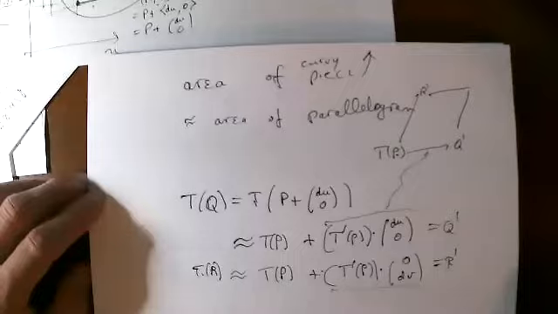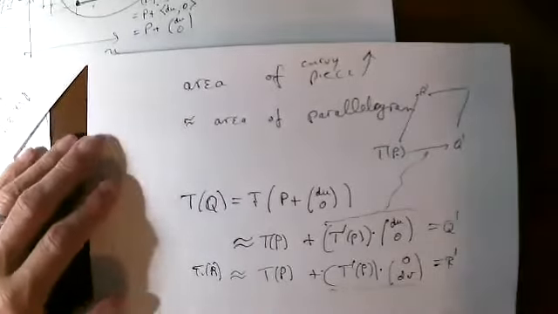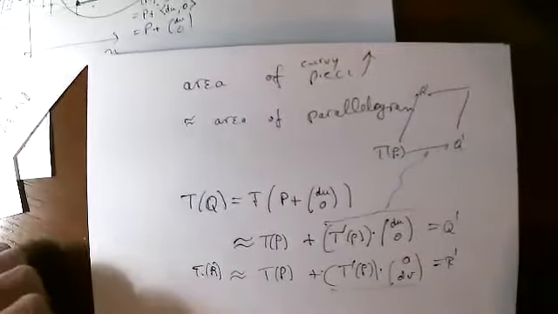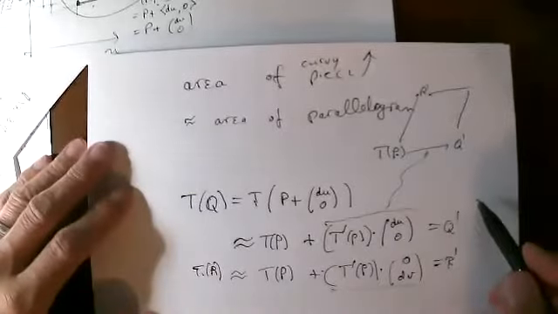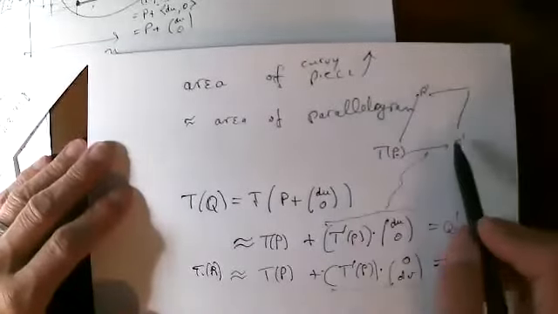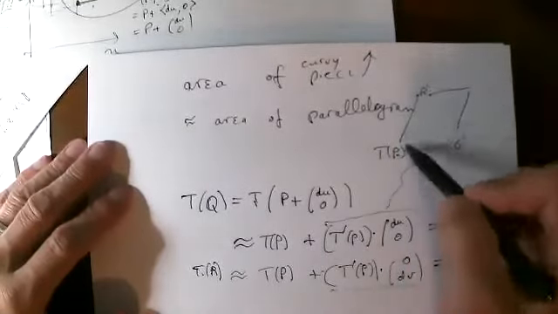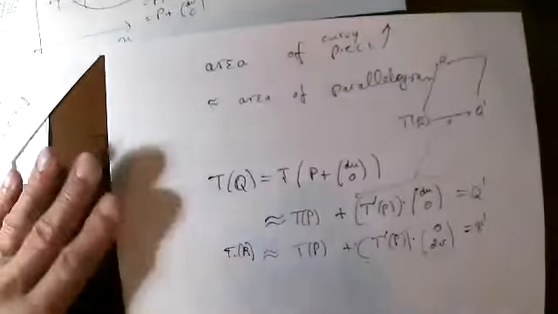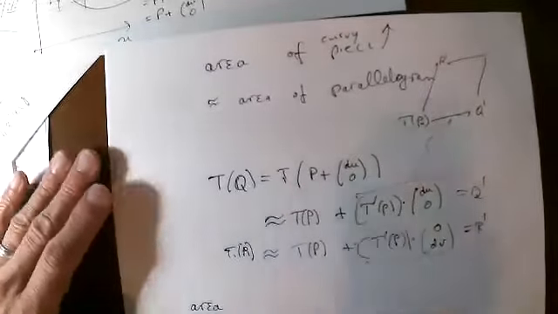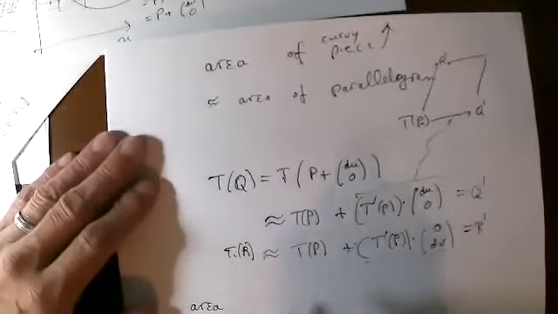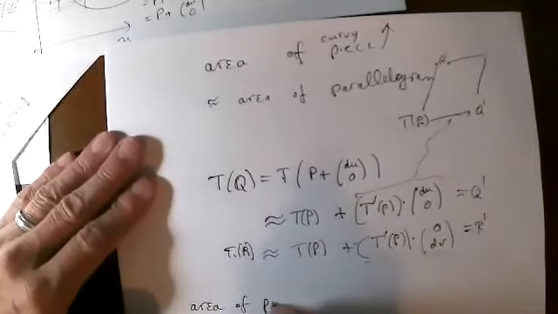All right, guys, so now the question is, how do I get the area of this parallelogram? I should be able to compute that if I know exactly what these two vectors are that go along the two edges. And this is one of those topics that we had in the beginning of the semester as well.